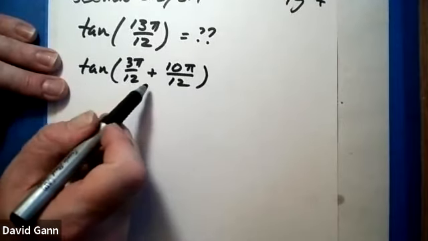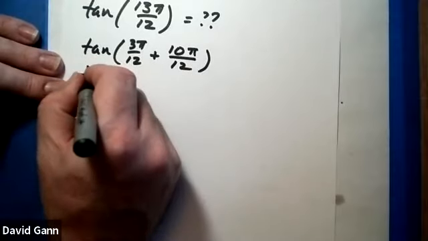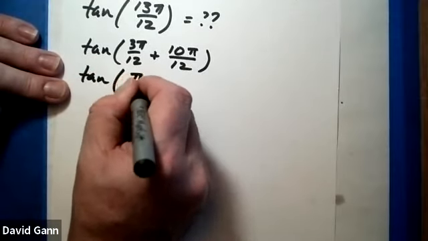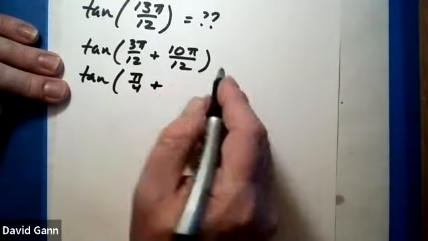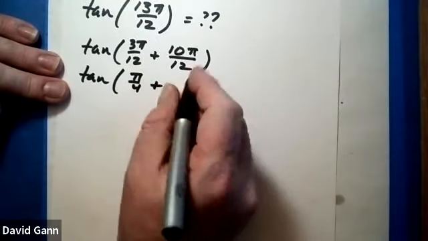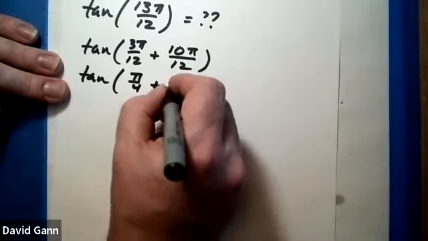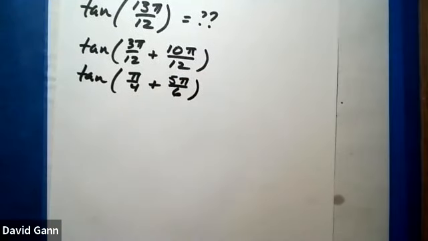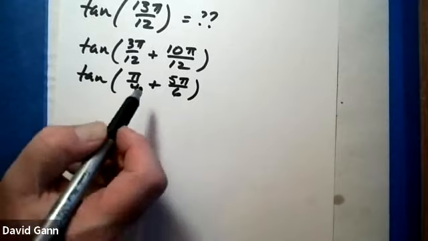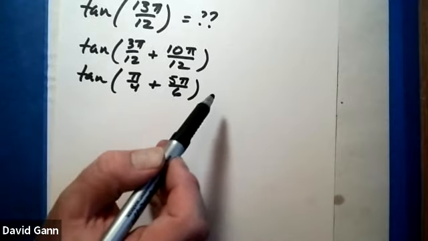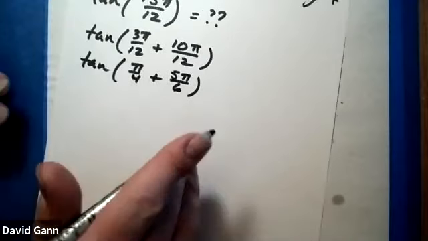Now I'm going to simplify these fractions so they start to look like things I'm familiar with. So this is pi over 4 plus, this is 5 pi over 6. Or equivalently, that's 150 degrees. Okay, so now that I've got them sort of broken up, I can apply my sum formula for tangent.